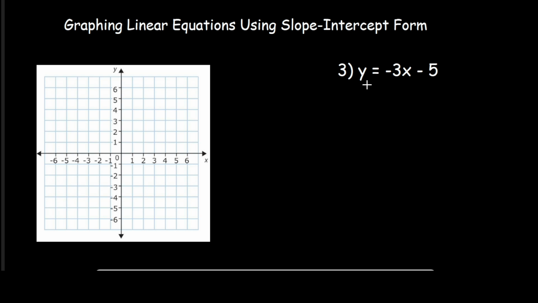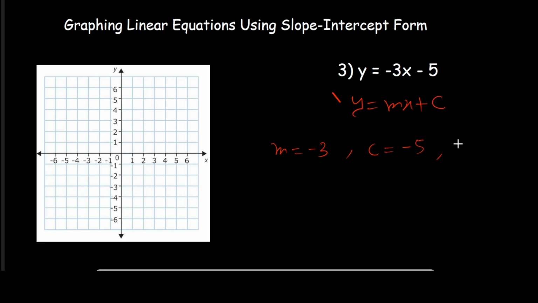So we have this question. Let's compare this equation with y equals mx plus c. If you see, here the y-intercept is negative. If we compare these two equations, it will give us m equal negative 3 and c equal negative 5.